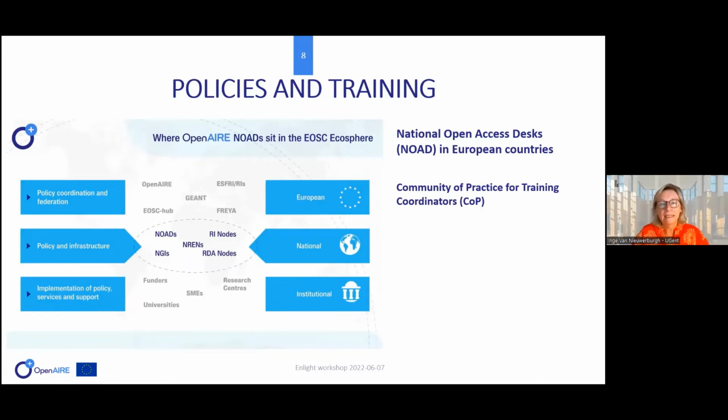In 2018, we also started a community of practice for training coordinators, where all kinds of training coordinators on open science, the European Open Science Cloud, etc., come together, exchange experiences, because as you probably heard throughout the talks as well, training is important for our end users as well as for content providers on how to use the services of OpenAIRE that then feed into EOSC, and also training on EOSC itself.